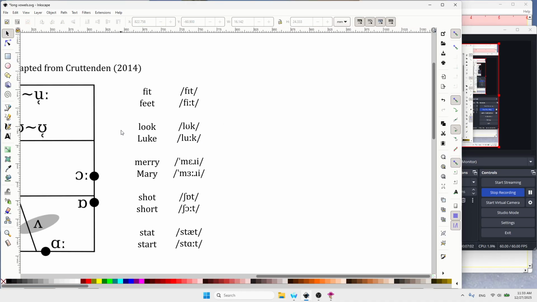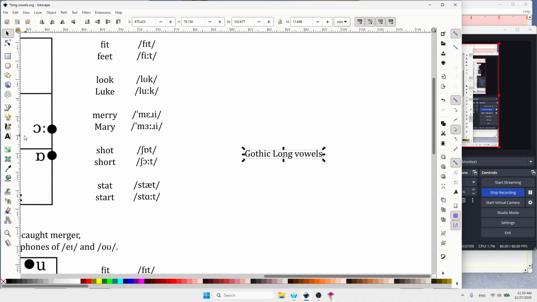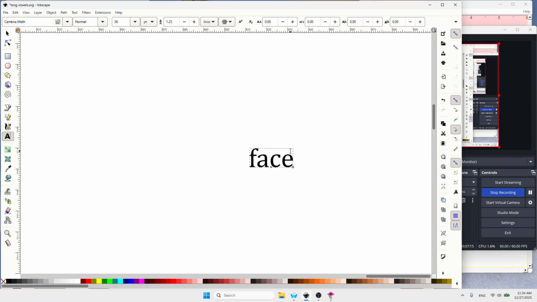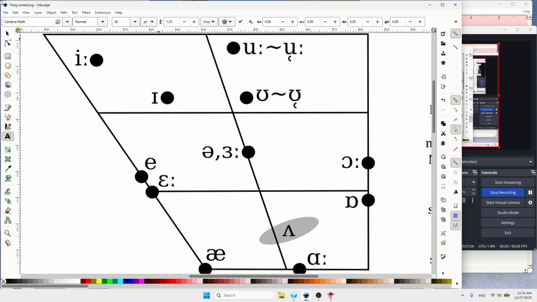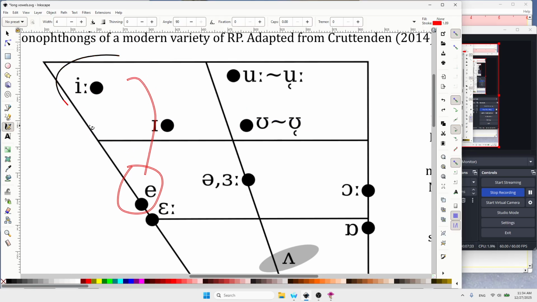So another thing to keep in mind is that we have something that's called a long vowel, like a long short, where it's like, for example, face, this a. It's written with an A, but it's actually a diphthong which starts somewhere around here and then goes somewhere around here.